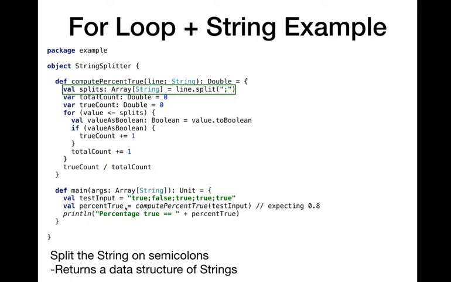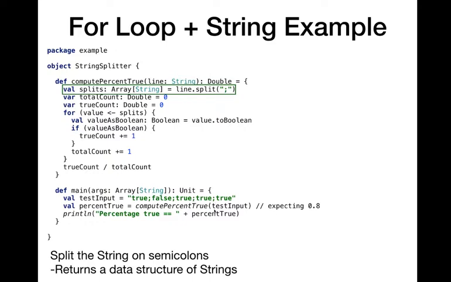First, I have my main method. This is where my program is going to start. I have my input that I'm going to test this thing on, call my method, and then print out the return value of that method call. The first thing I do inside this method is use that split method that we've seen. I'm calling it on a string, and it's going to split this string by this delimiter.